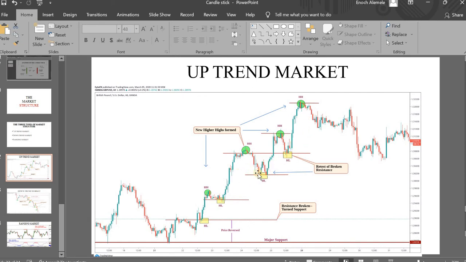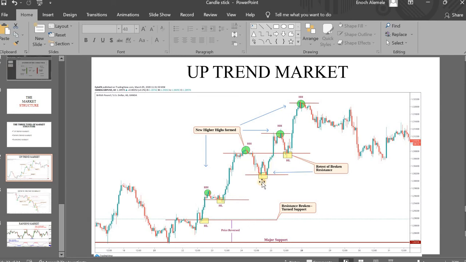Price does not go up straight, just like I said. So this is how to trade an uptrend market. You wait till price gets to a higher high, and then when price retraces to the support level, you buy. When you buy, you wait for price to move up to the resistance level, then you sell.